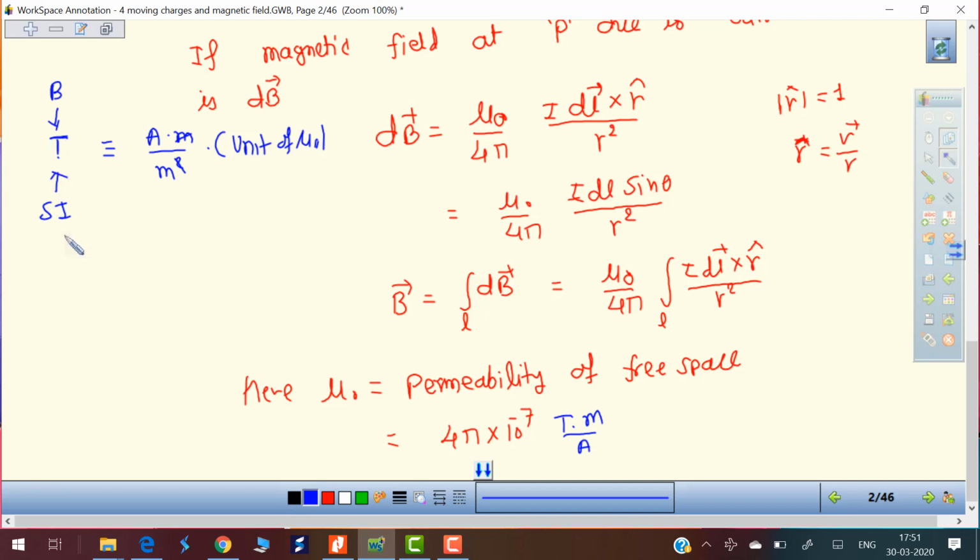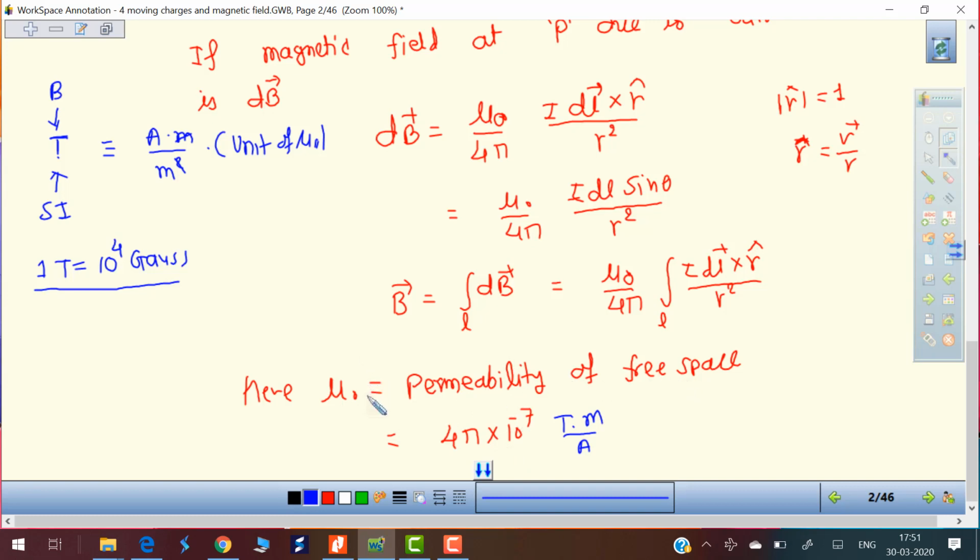And sometimes we use Gauss. So 1 Tesla is equal to 10 raised to 4 Gauss. Sometimes you will see this unit also, so remember this relation. So this is the permeability of free space.